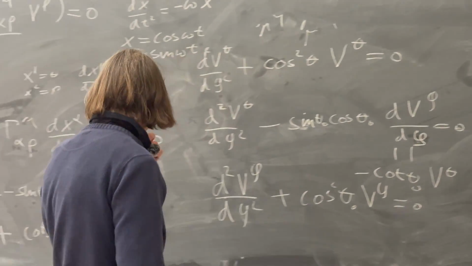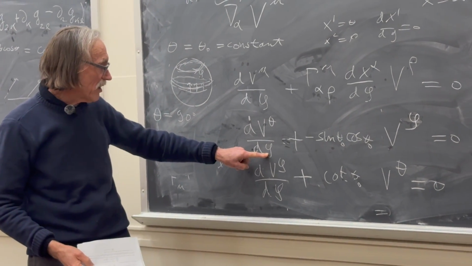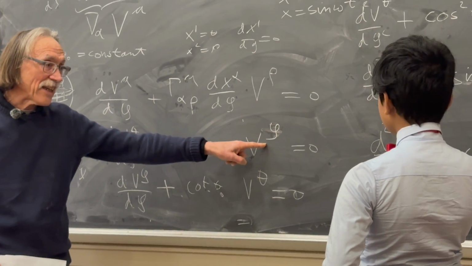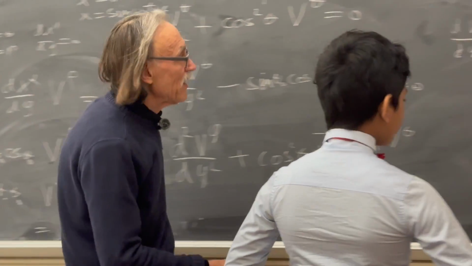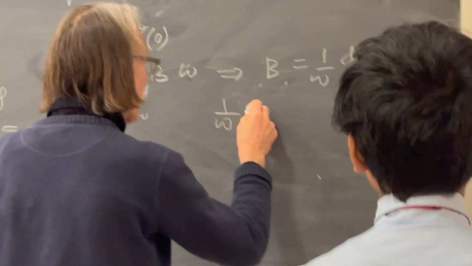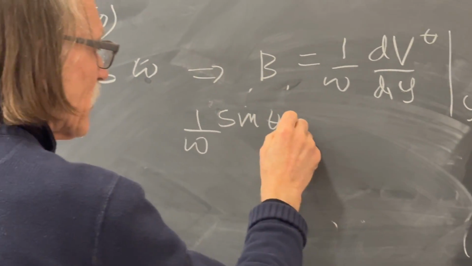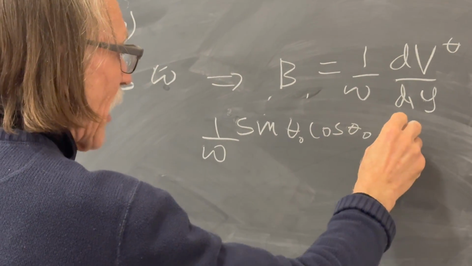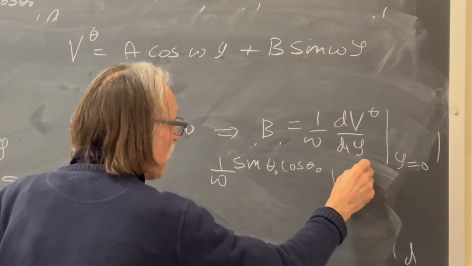But d v theta d phi is equal to v phi times this. So that means we actually know what this is. That is 1 over omega times sine of theta 0 cosine of theta 0 times, and here we got v phi at 0.